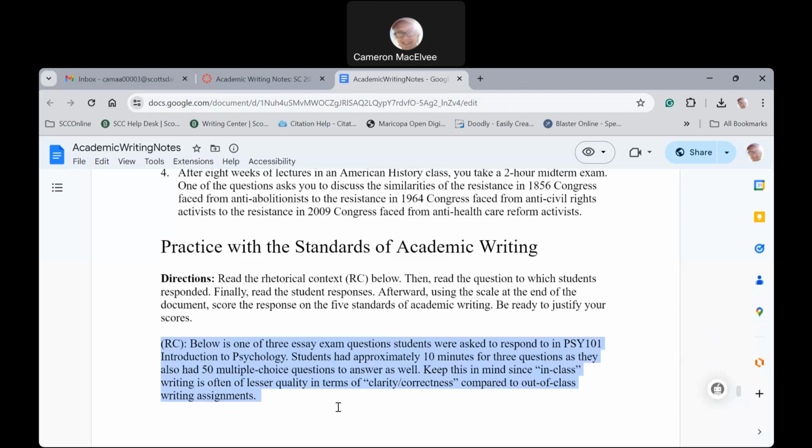The reason I put this in here is so you would know why some of these responses are a little wonky: the student was probably running out of time and was writing quickly, because in-class writing assignments are of lesser quality in terms of clarity and correctness. It's just the way it goes. So that's why we're going to see that.